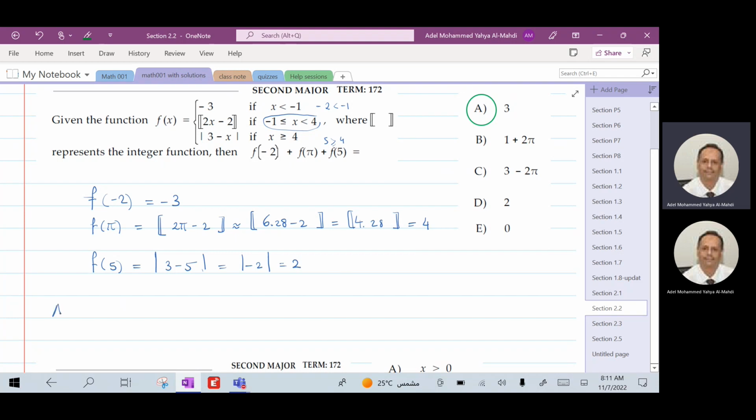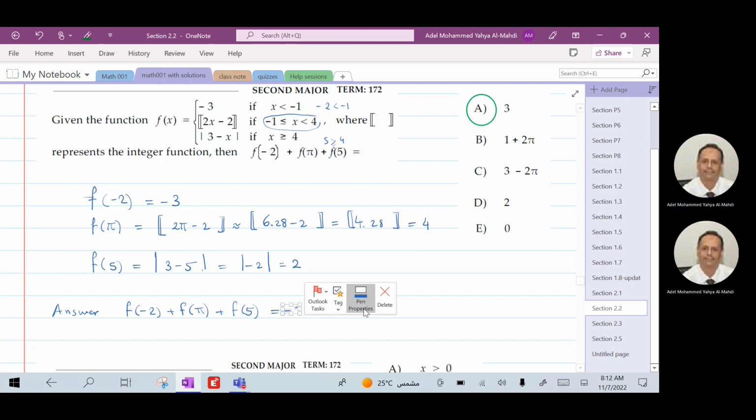So the answer, f at -2 plus f at pi plus f at 5, is 3.